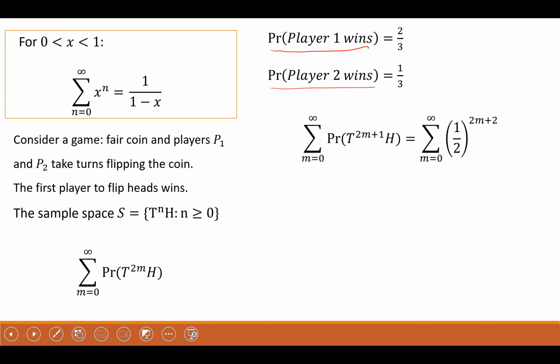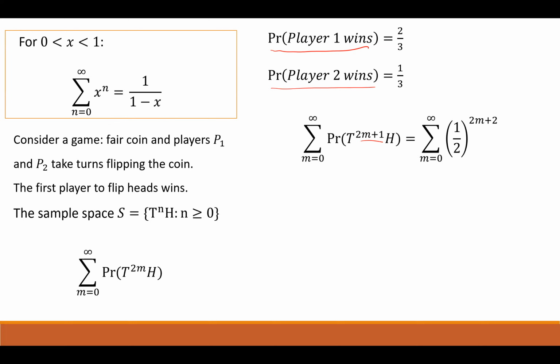But we can do the same process just as a sanity check, right? So the probability that player 2 wins is the same as the probability that I flip tails an odd number of times. So to express that, I take an integer m, I multiply by 2, I get an even number, I add 1, and now it's an odd number.